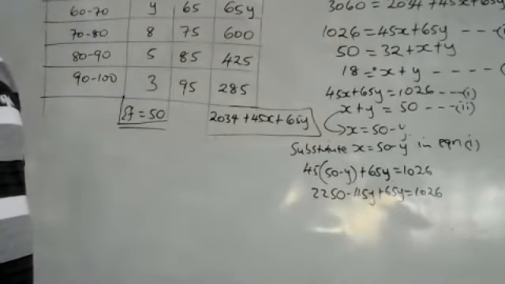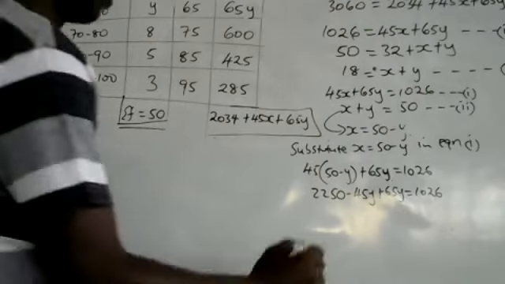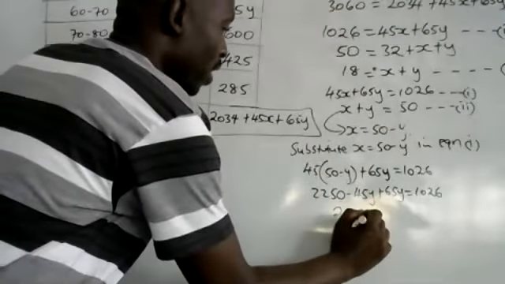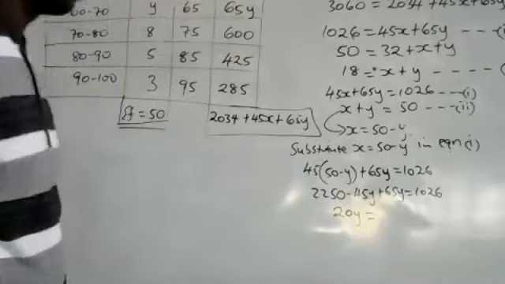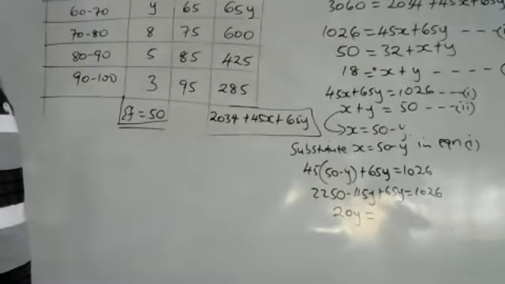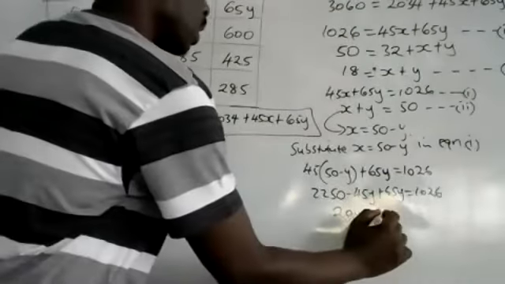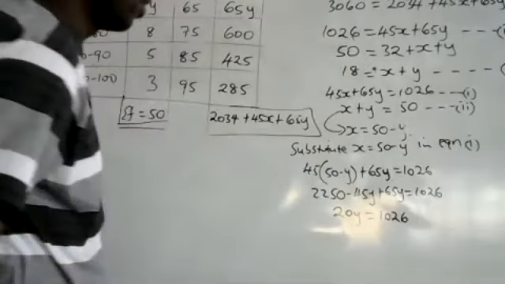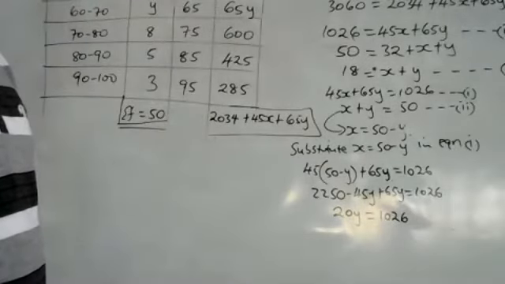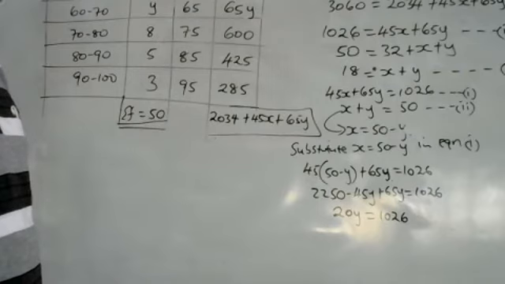65y minus 45y, that is 20y. So we remain with 20y here is equal to... Excuse me, Mr. Makori, you have said equation 1, equation 2 is supposed to be... Can you come again?